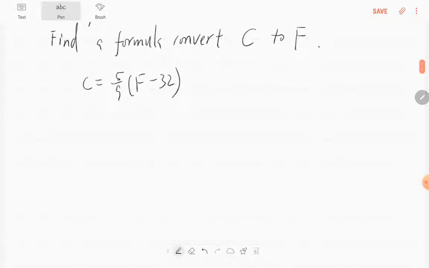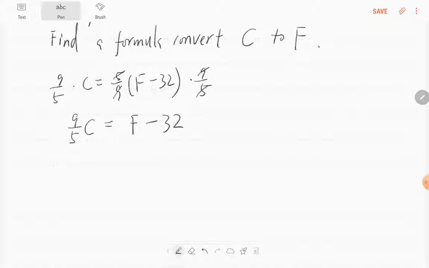So we multiply 9/5 on both sides. Okay, then this would be eliminated, right? So it would be 9/5 times C equals F minus 32.